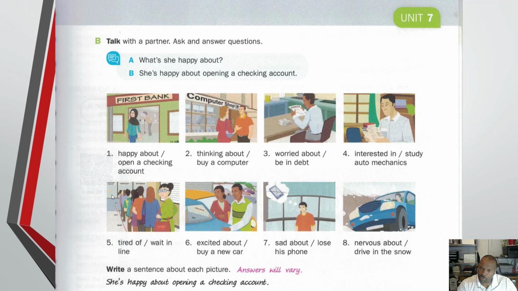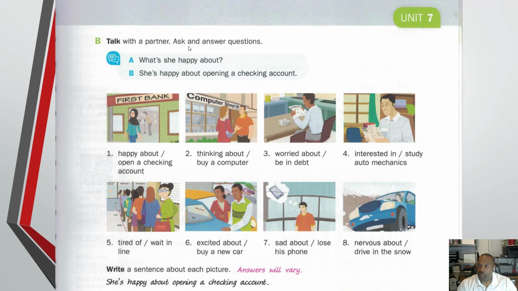Looks like a deposit withdrawal, so she's online at the bank. Number 6 are 2 people, a man and a woman, looking at a blue car that is for sale. Number 7 is somebody who is thinking about a lost phone. And the last one, 8, looks like someone driving on a snowy road.